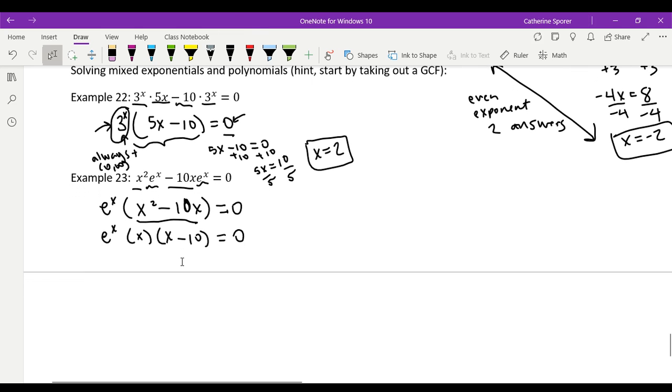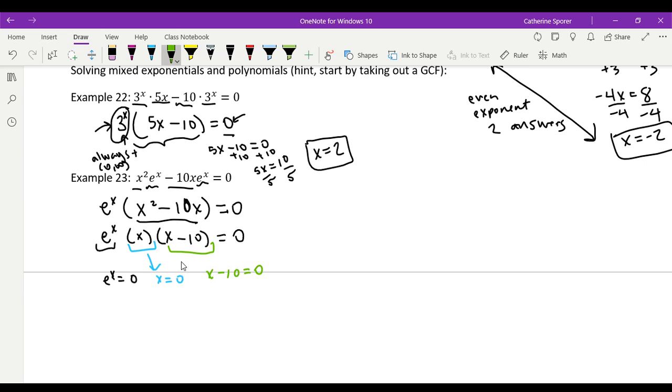So now to solve this, we'd think about setting each of these pieces equal to 0. So e to the x equals 0 for this first part, x equals 0 for the second piece there, and then x minus 10 equals 0 for this third part.